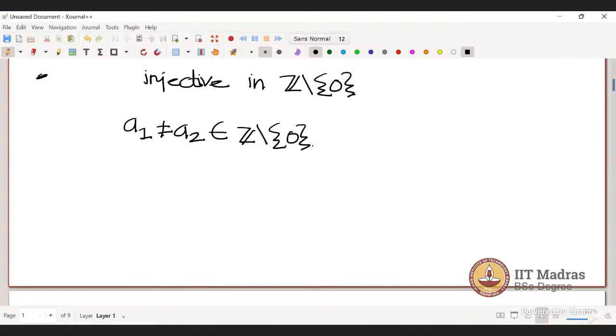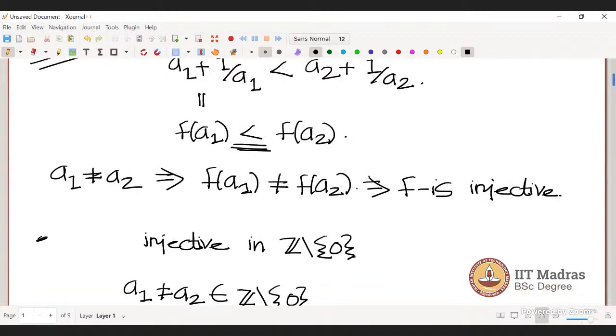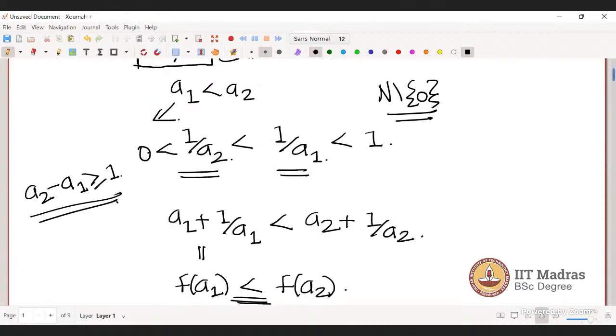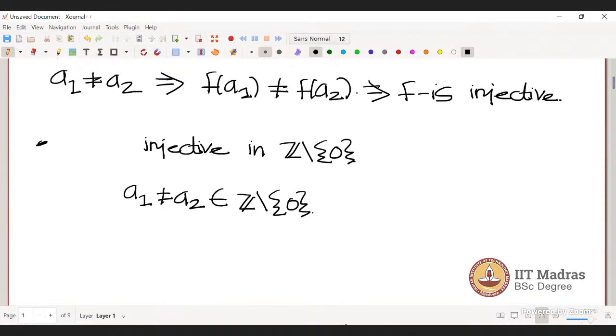As you can see, for natural numbers, we proved that the function is injective on the set of all natural numbers minus 0. Using the same argument, you can show that f is injective in this set.